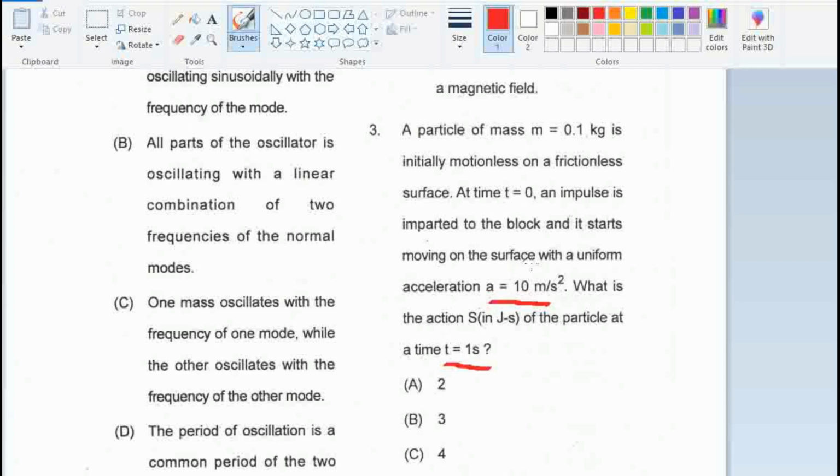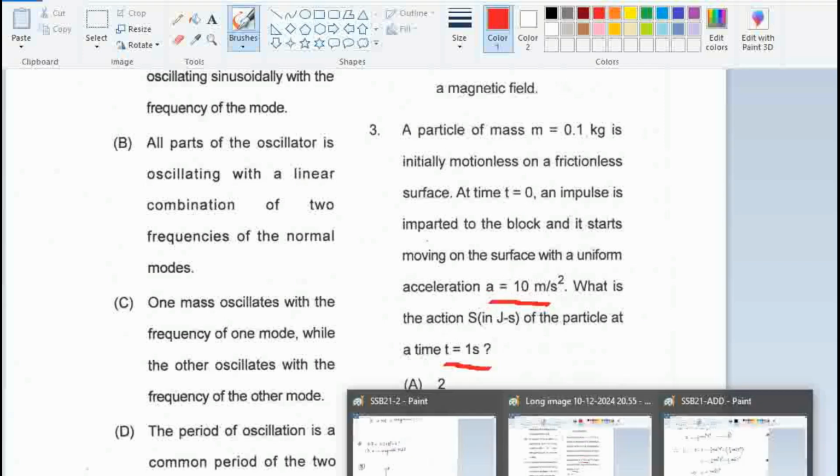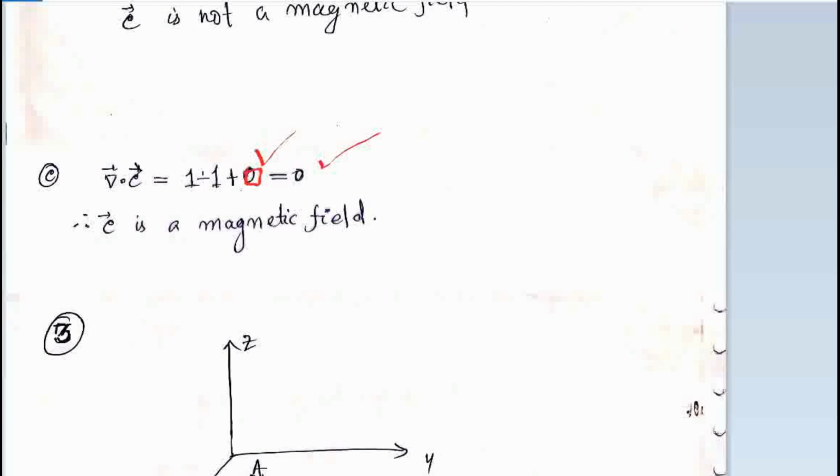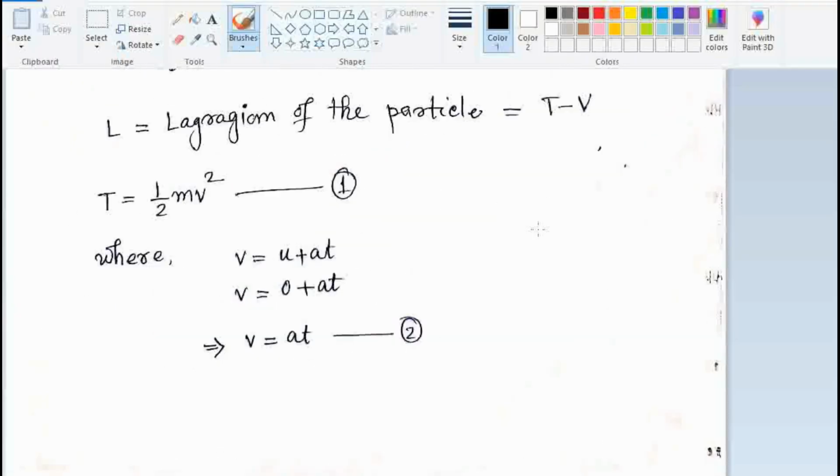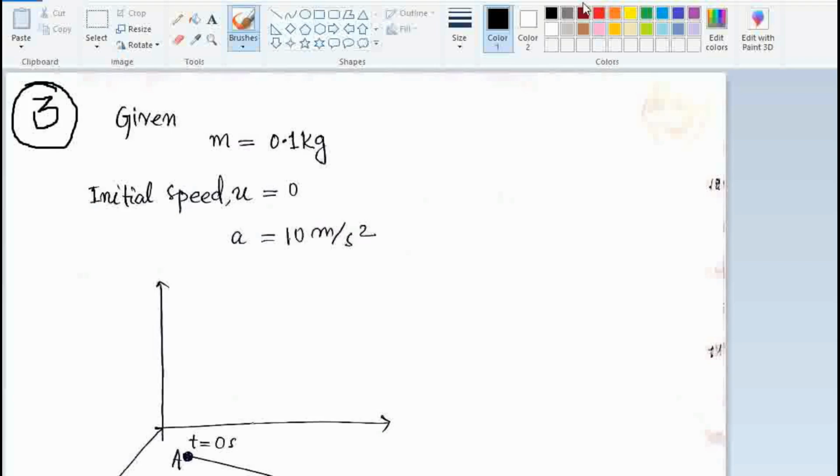So how can you find it? Let's see the solution. Now you see the mass is this, and the initial speed is 0, and the acceleration is 10 meter per second square.